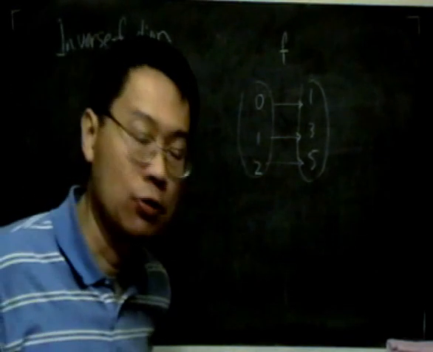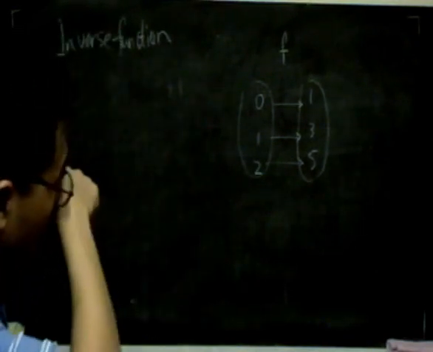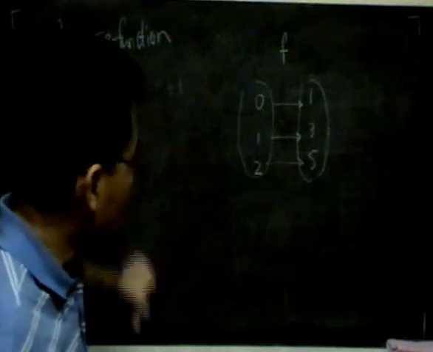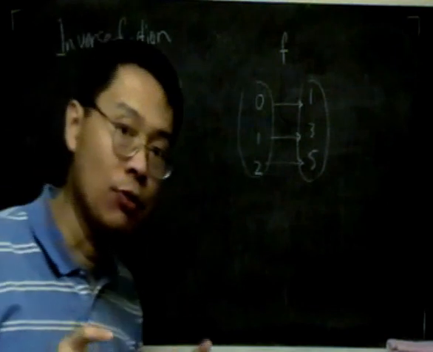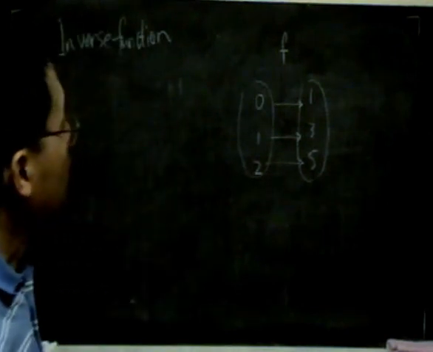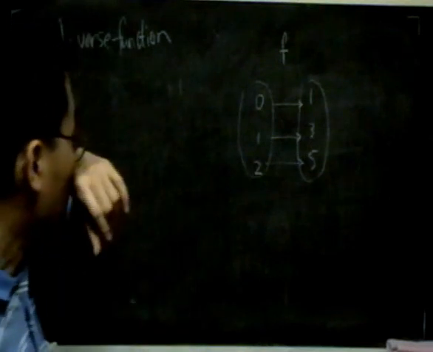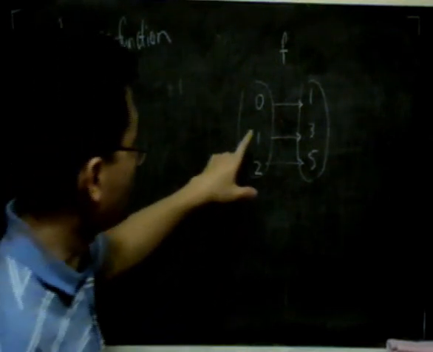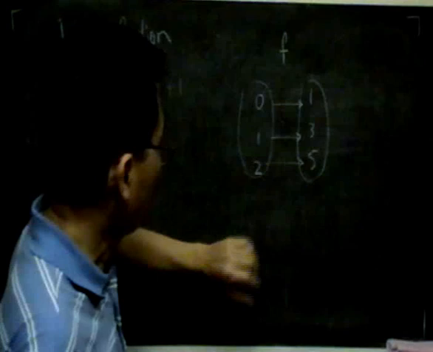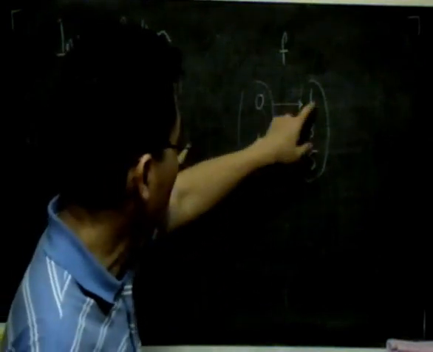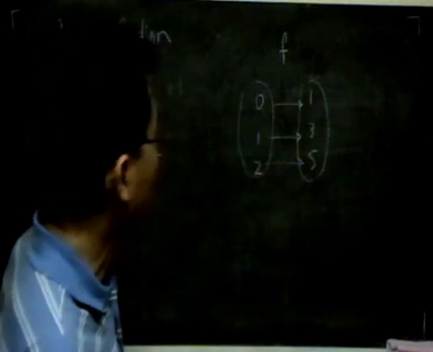F is the name of the function that we looked at. Now inverse function is the function that goes the opposite way. So in this case, we have the domain with 0, 1 and 2. So 0 goes to 1, 1 goes to 3, 2 goes to 5.